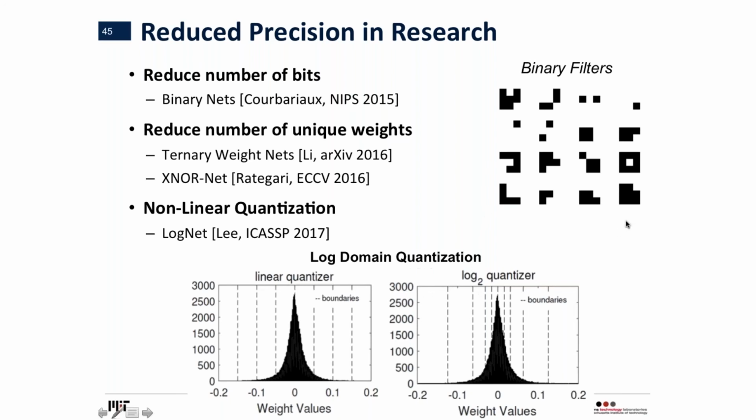This was shown to work, but it has a substantial accuracy loss. So people tried to take a different approach, which was reducing the number of unique weights that you might have in the neural net. Rather than saying I'm going to reduce the bits, I'm going to reduce the number of unique weights. If you've heard of some of the work like ternary weight nets or XNOR nets, that basically falls into this category.